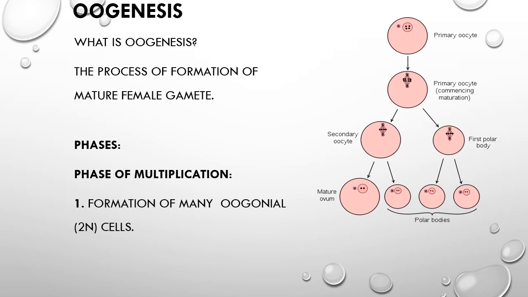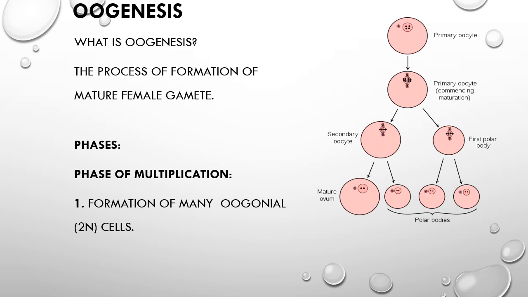They multiply in number by undergoing mitotic division, and finally give rise to egg mother cells, also called oogonia.